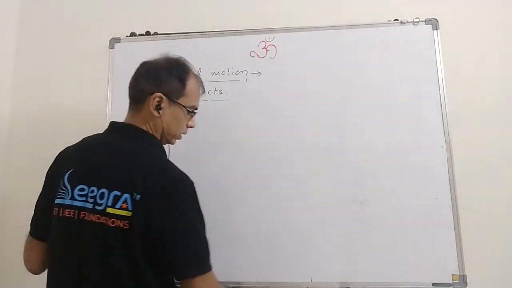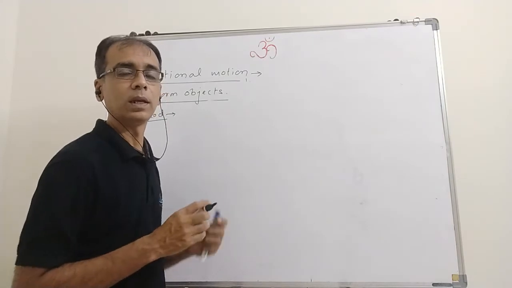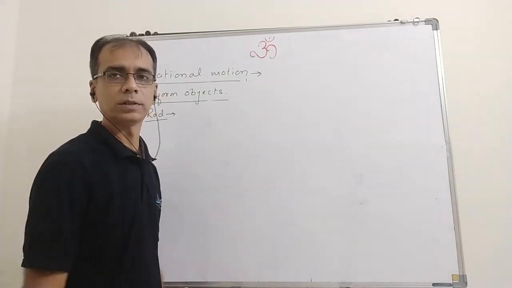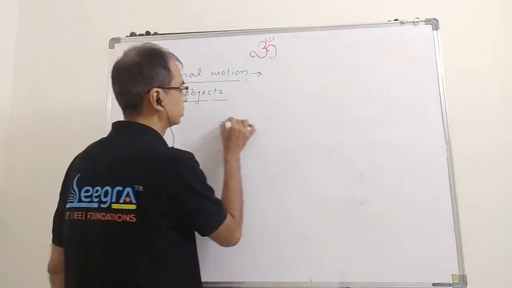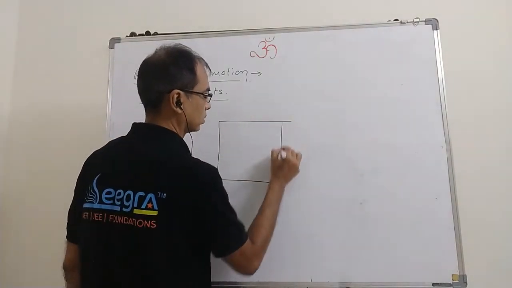Okay, we'll do that. So again, I am taking a square, and this time the square is made from rods.